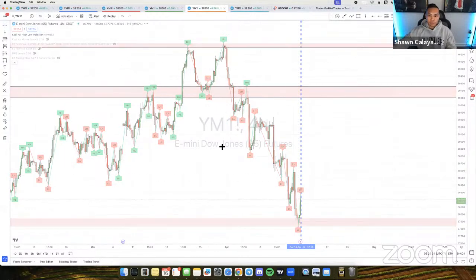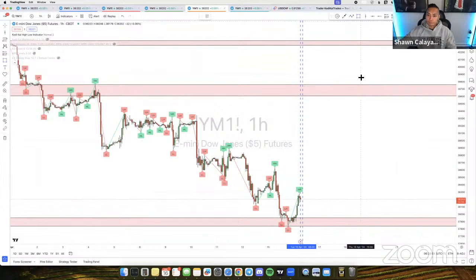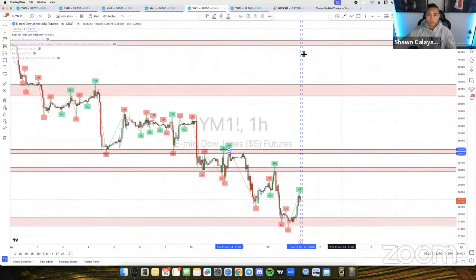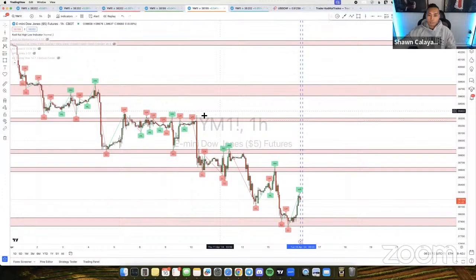Going down to the 1-hour time frame, we've got structure right there. Structure that's kind of just spaced out all over the place.